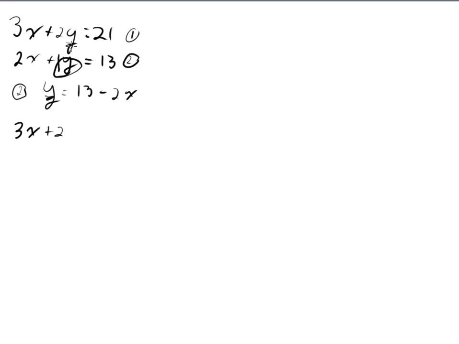So we're going to substitute this set of values in for that y value. I'm going to replace that y with a set of brackets, and we're going to substitute this information in here. So we're going to have 13 minus 2x. And so I've substituted into 3x plus 2y equals 21. I still need my equals 21.